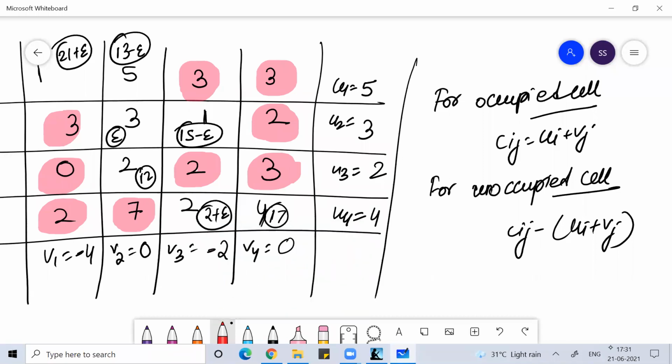So this is minus 2. This is 5. 5 minus 2, 3. 3 minus 3, 0. This is 5 minus 3 minus 5. This is minus 2. Still negative is there.